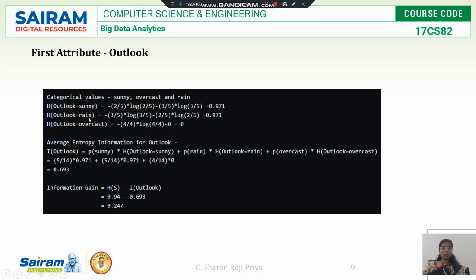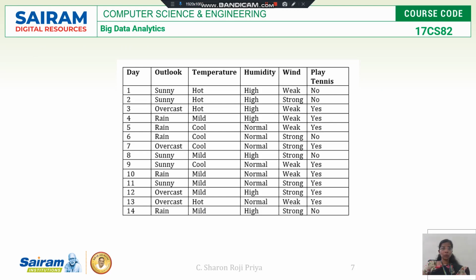Similarly, you have to do for rain. So how many rain are there? 1, 2, 3, 4, and 5. So 5 rain values are there. Now I have to calculate the entropy of rain. So you have to find out how many positive rain and how many negative rain. Rain, yes, positive. Rain, yes, positive.